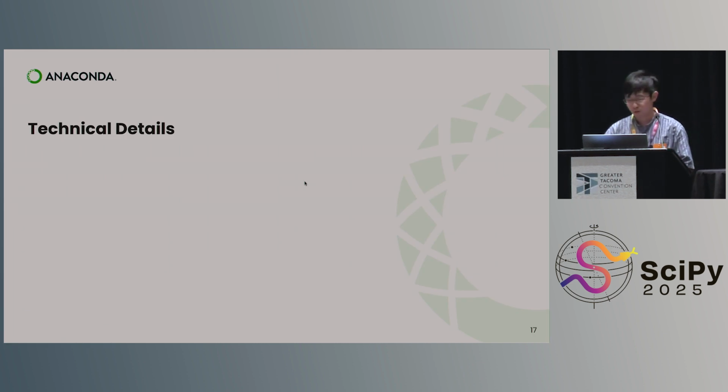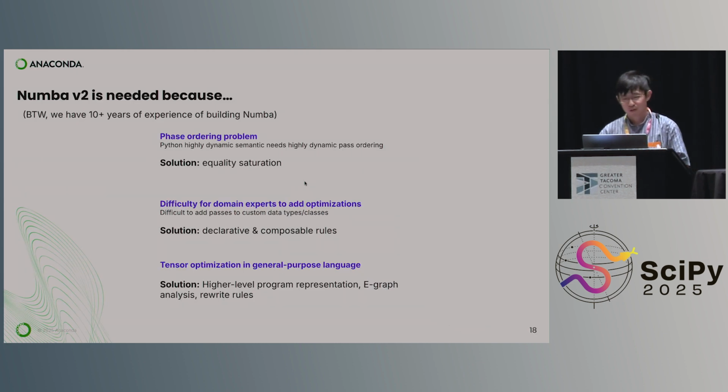So, diving into the technical details. We didn't build Numba V2 just because it's cool and sounds crazy. It's out of necessity. Numba V1 has been suffering from a lot of problems. The phase ordering problem, which is the pass ordering problem, is a well-known problem with compilers.